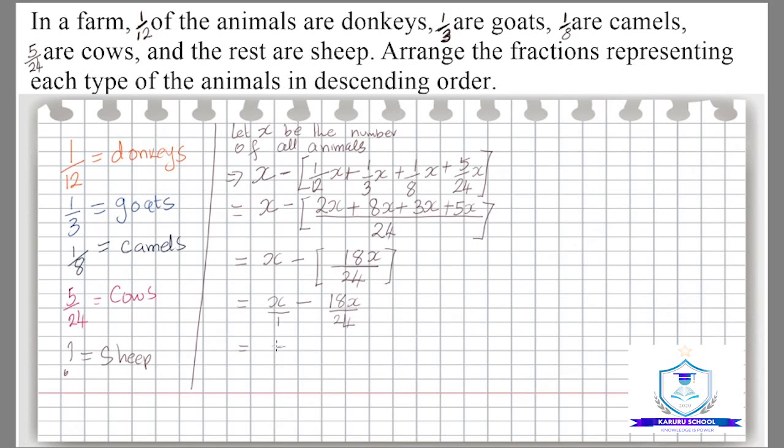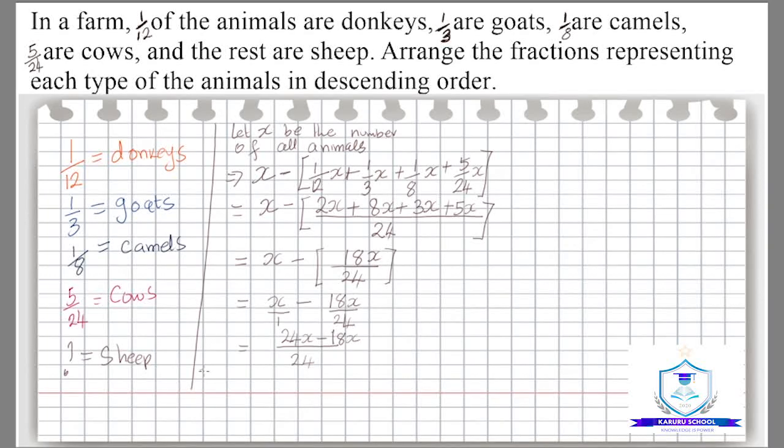The LCM between 1 and 24 is 24, and 24 divided by 1 gives us 24 multiplied by x. We have 24x minus 24 divided by 24 gives us 1 multiplied by 18x, we get 18x.